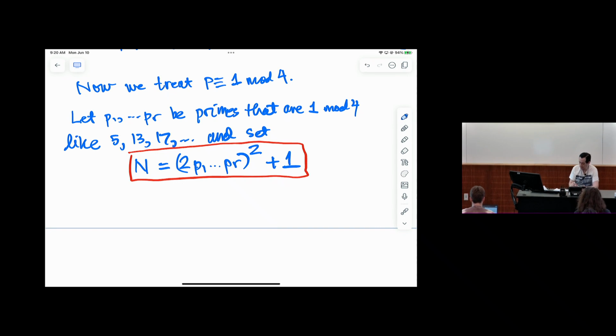And so this number, again, like the previous one, whoops, sorry about that. I guess I can just go back. And so this expression here is odd, and this expression is 1 mod 4.